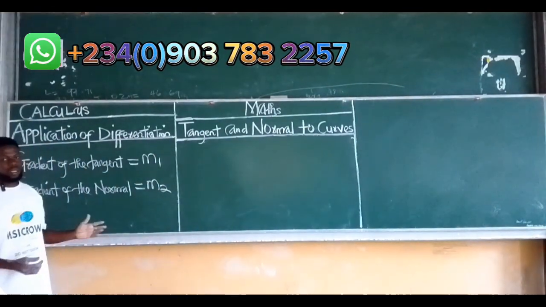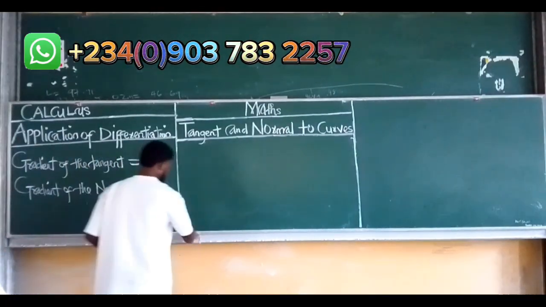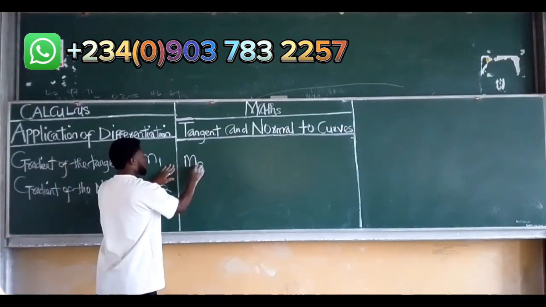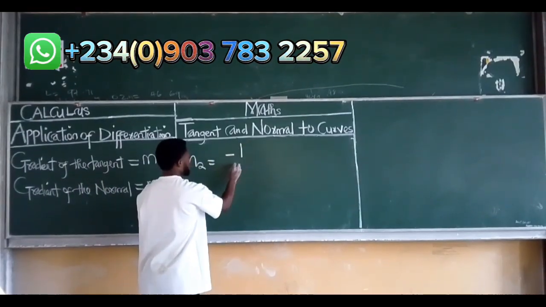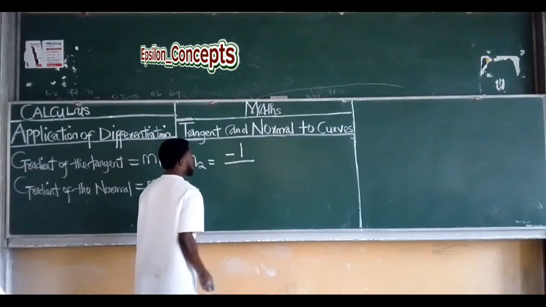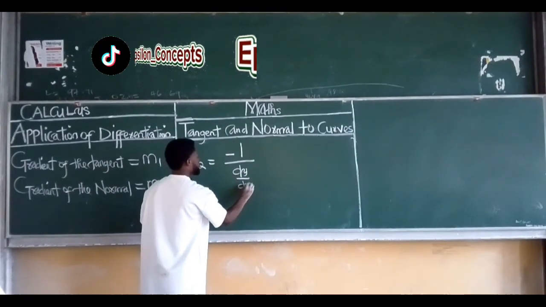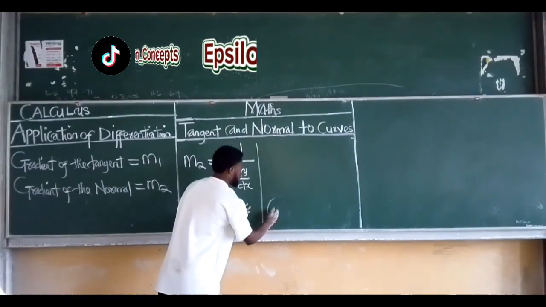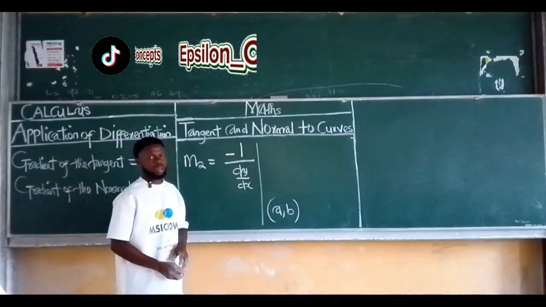So we are going to represent this by M2, and the formula for the gradient of the normal is given as M2 is equal to minus 1 all over dy over dx at a point, let's say A, B.